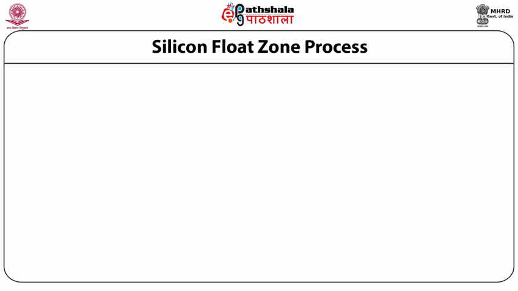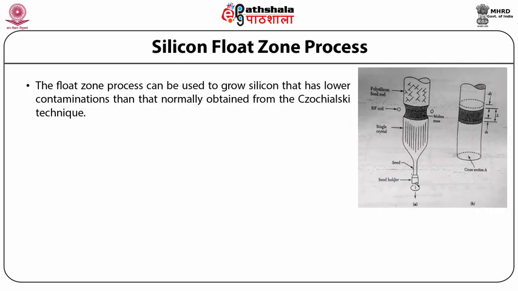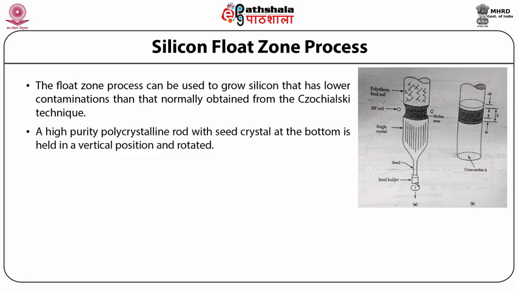The second type of process is the silicon float zone process, whose schematic is shown over here. The float zone process can be used to grow silicon that has lower contamination than that normally obtained from the Czochralski technique. A high purity polycrystalline rod with a seed crystal at the bottom is held in a vertical position and rotated.